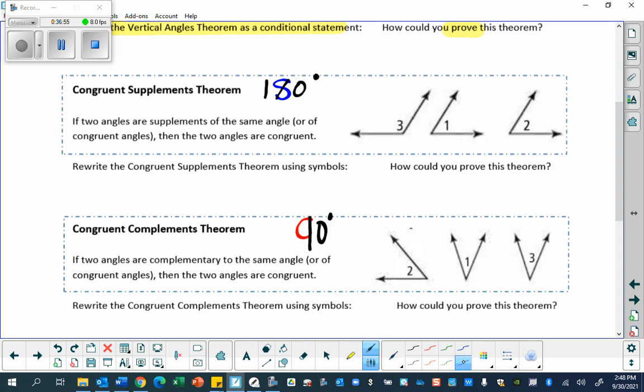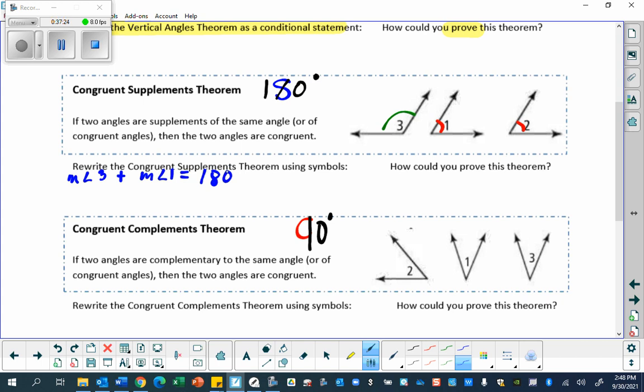What this is saying is that angle 3 and angle 1 are supplementary. Angle 3 and angle 2 are supplementary. So what that means using symbols is that the measure of angle 3 plus the measure of angle 1 is going to be equal to 180 degrees.